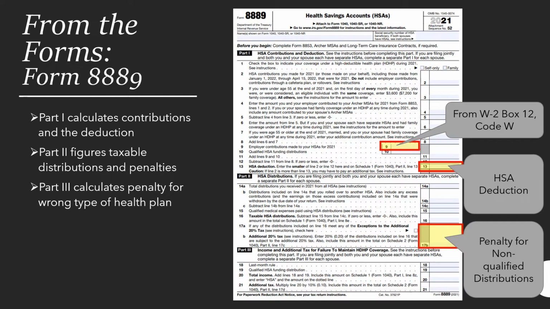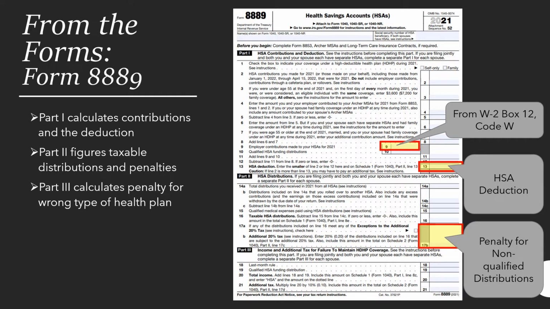As promised, here's our Form 8889 for health savings accounts, and you can see it's divided into 3 parts. Part 1 is where it calculates the contributions and the deduction. Part 2 figures any taxable distributions and if there were penalties involved. There's an additional 20% tax if distributions are taken for non-qualified expenses.